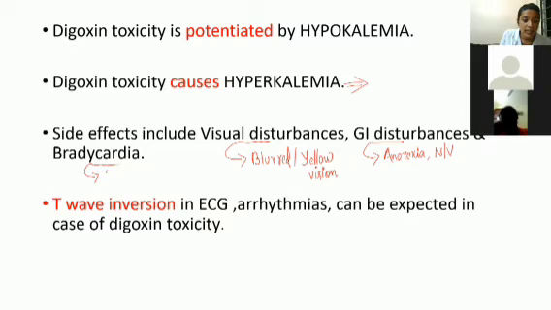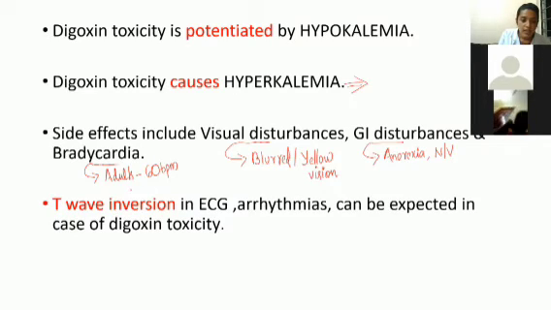In adults, if the heart rate is less than 60 beats per minute, we won't start the digoxin therapy, or we will stop the digoxin therapy if the adult has a heart rate of less than 60 beats per minute.